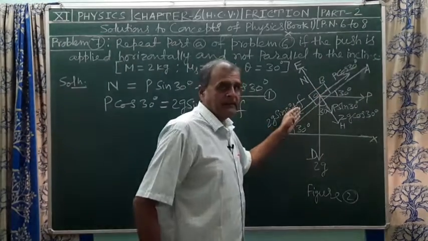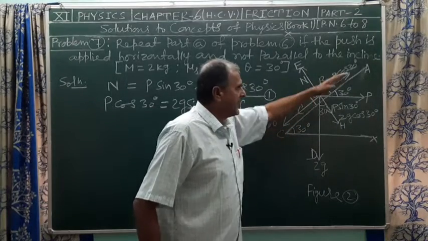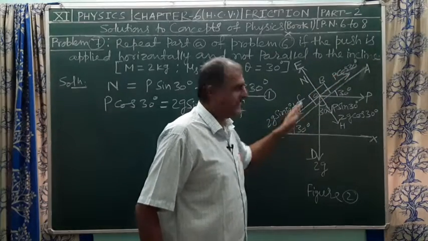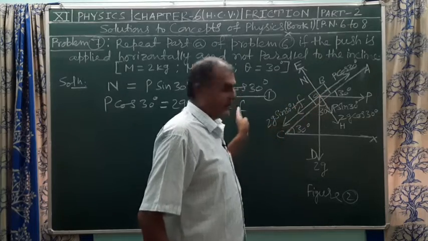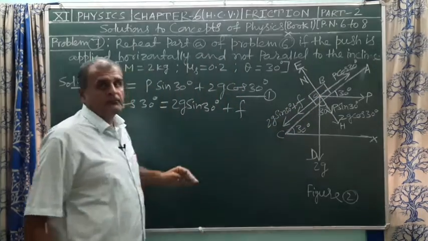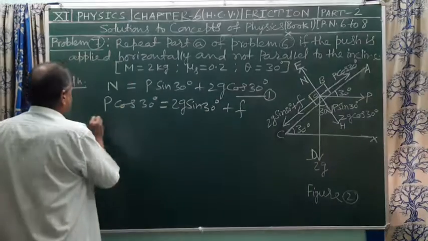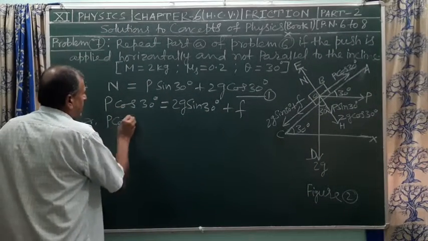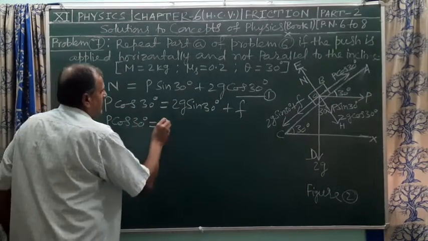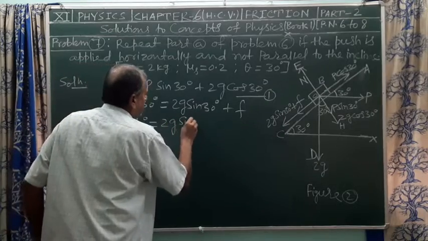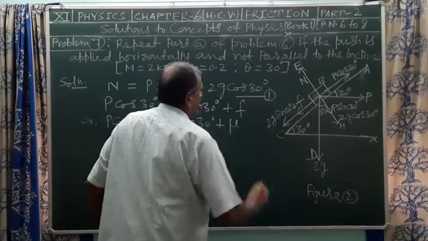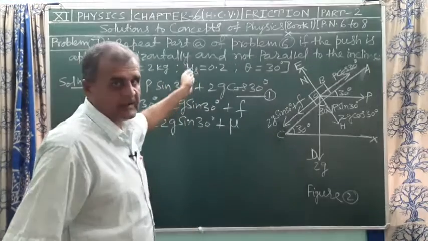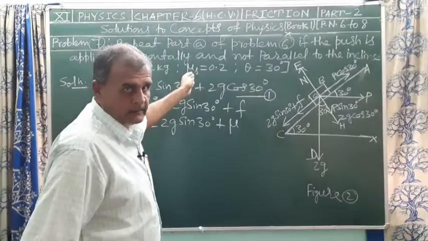Here F is the frictional force between the block and the inclined plane, and F is equal to mu into N, we know. So P cos 30 degree equals 2g sin 30 degree plus F, which equals mu into N, where mu is mu s, the coefficient of static friction given in the problem.